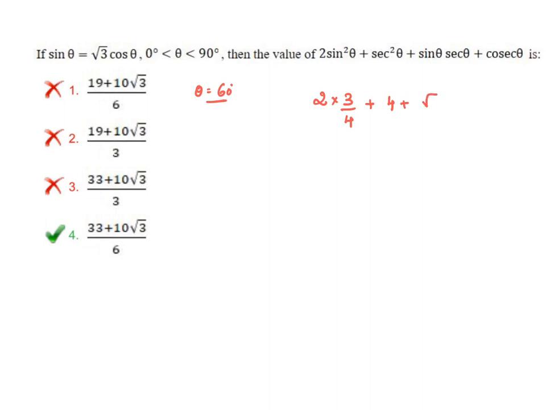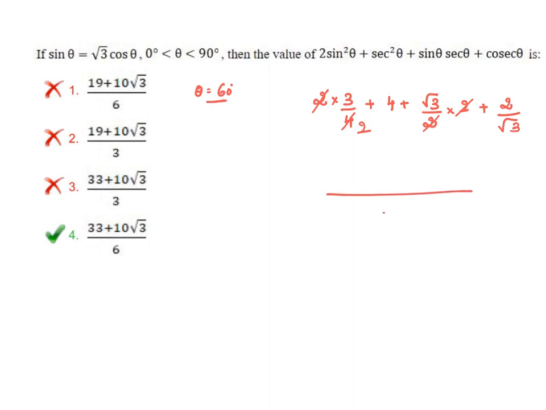Sin 60 is root 3 by 2. Secant 60 is 2. Cosecant 60 is 2 by root 3. So 2s cancel. Now see what we are left with.